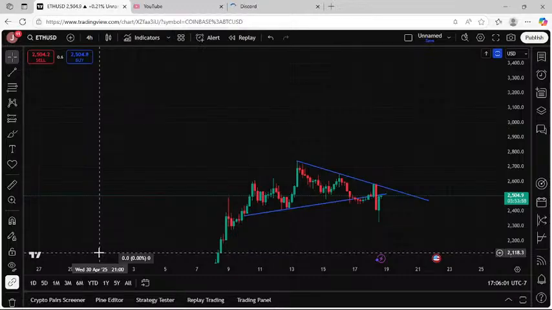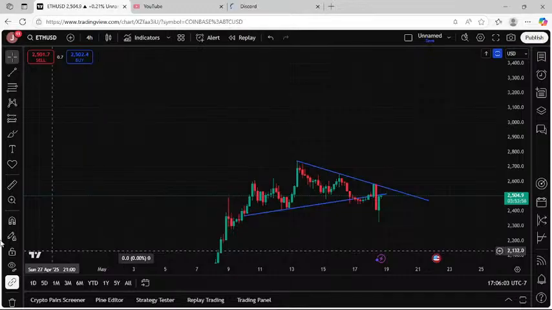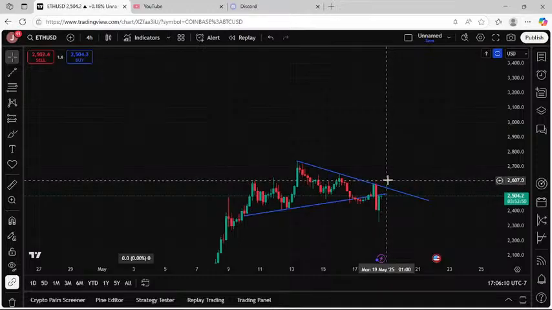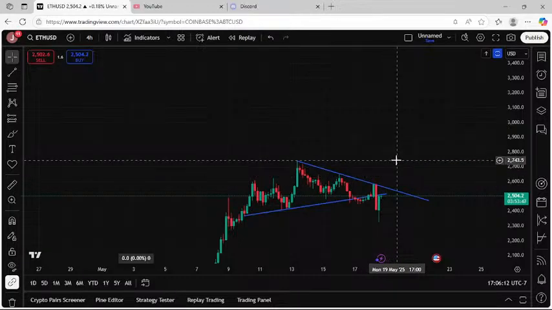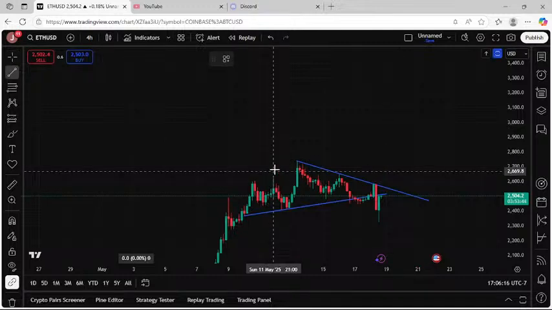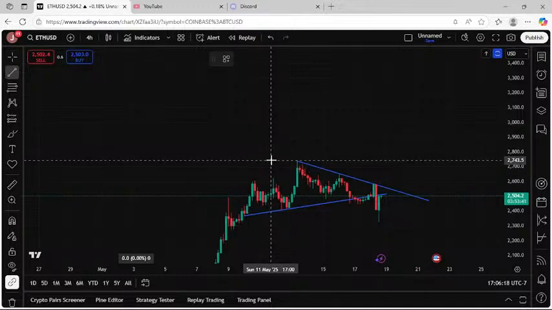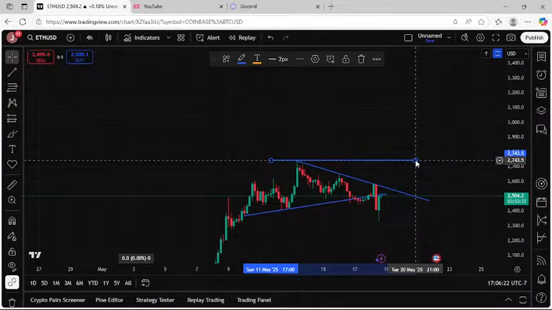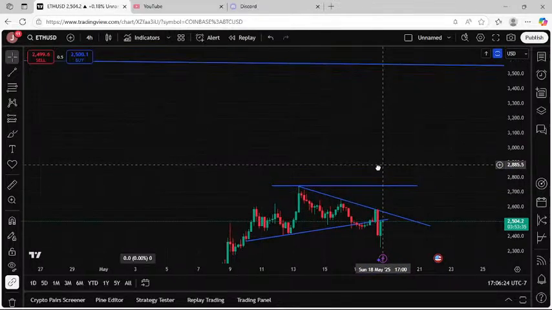Sweet. Yeah, I think this is the point. So to resume being bullish on Ethereum, I need to see a reclamation of $2,700, and you will make your new high.